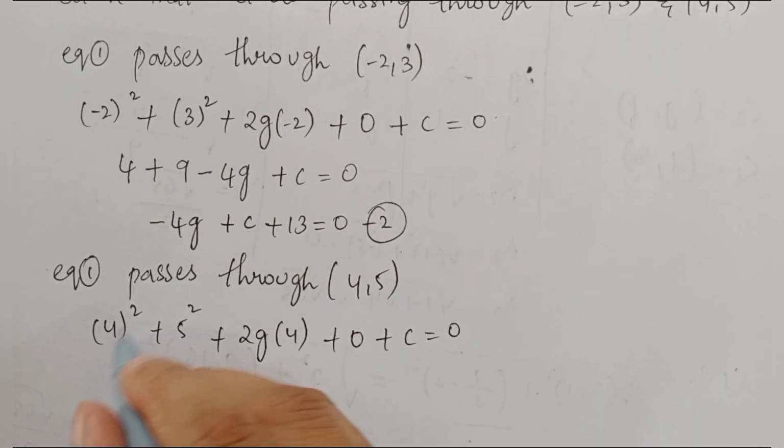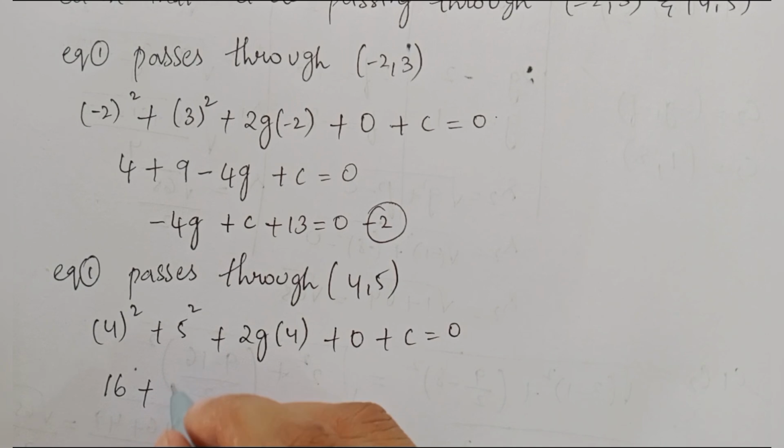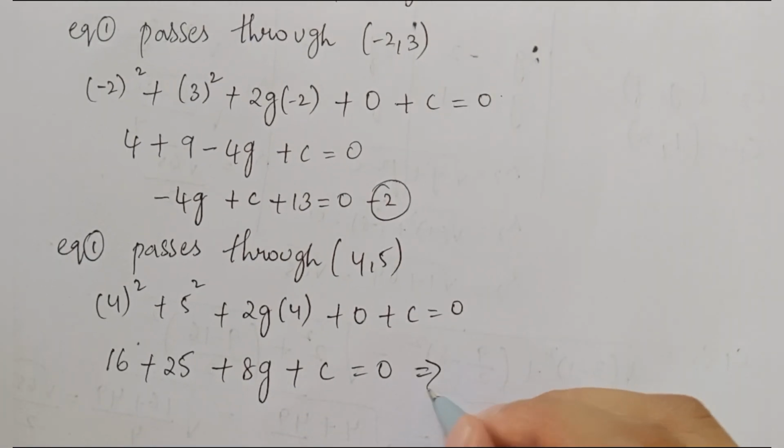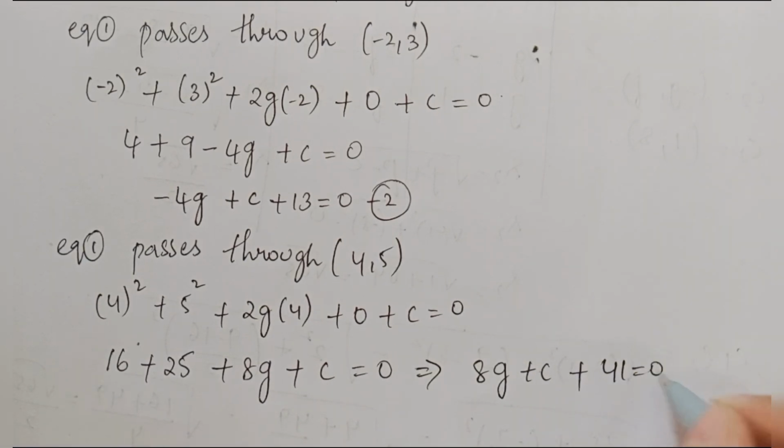So 4 into 4 is 16, plus 5² is 25, plus 2 into 4 is 8g, plus c equals 0. This can be written as 8g + c + 25 + 16, which is 41, equals 0. Take it as equation 3.